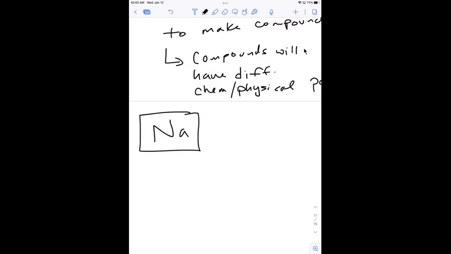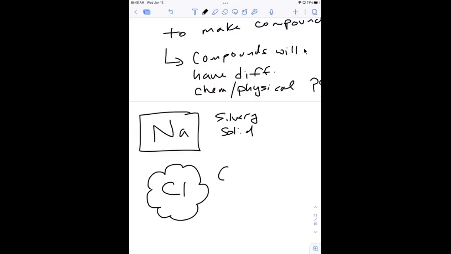So you take sodium, which is a solid, a silvery solid. And if you take chlorine, I'm going to do my best to show this as a gas, my little crappy cartoon gas. It's a greenish yellow gas. Taking those two apart, they're both elements, right?